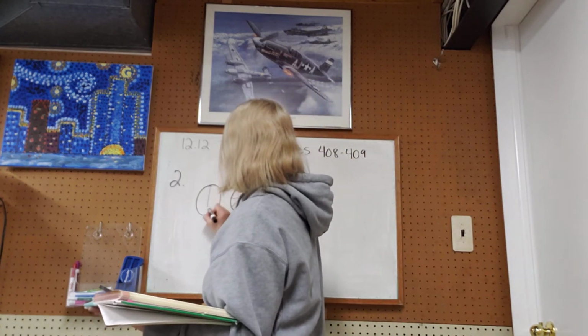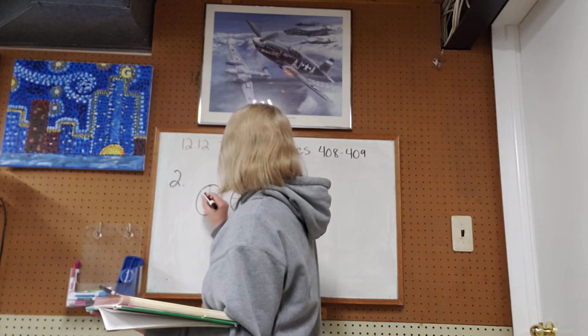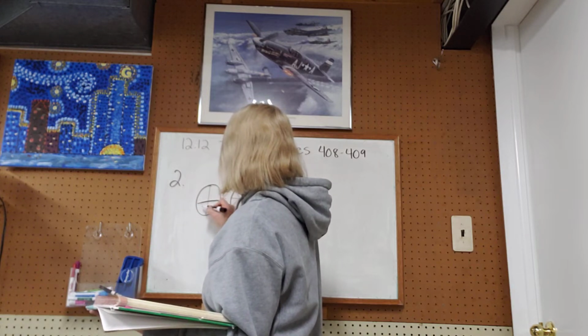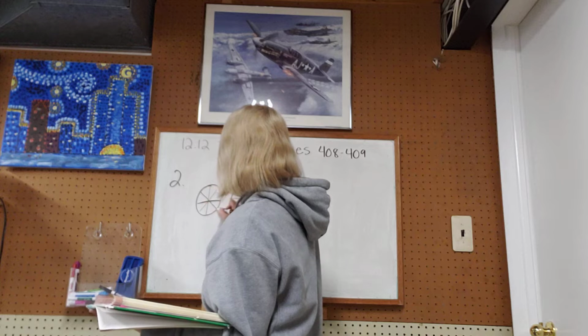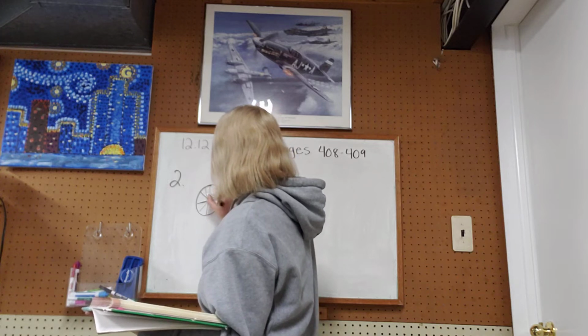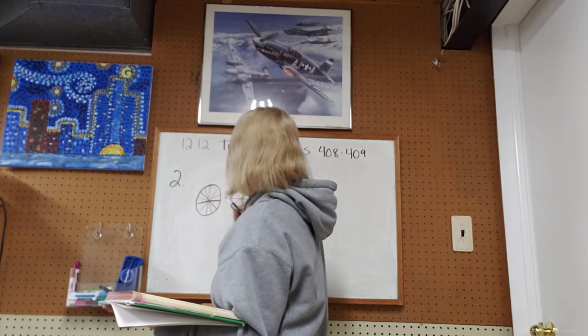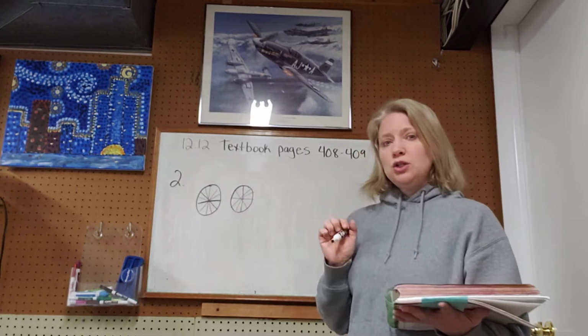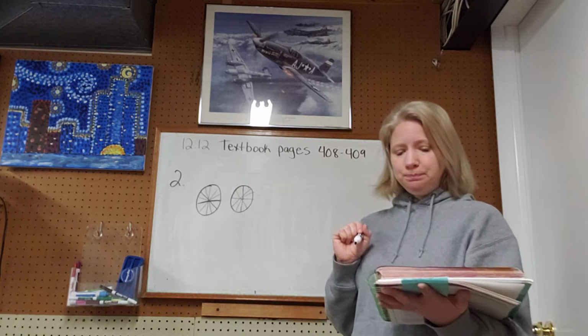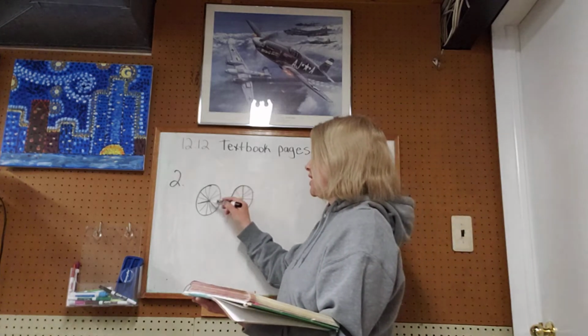They're not exactly even, but it's a little bit tricky. And then this one is going to be twelfths. 1, 2, 3, 4, 5, 6, 7, 8, 9, 10, 11, 12.